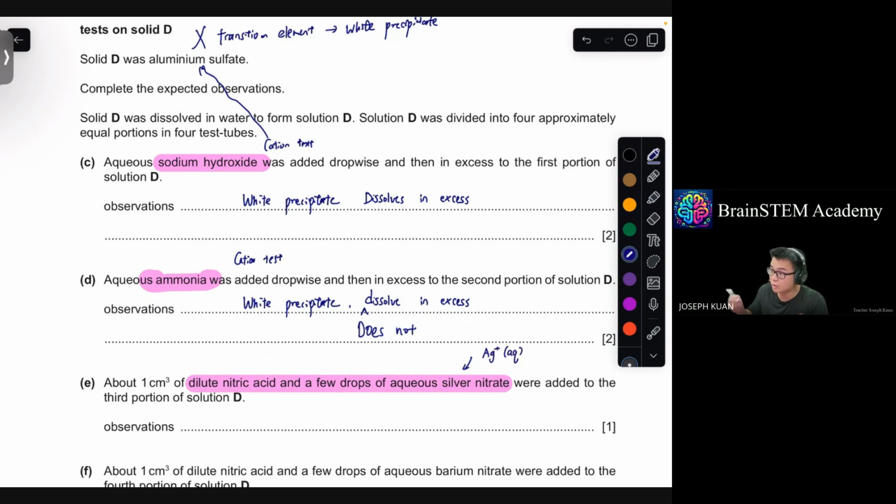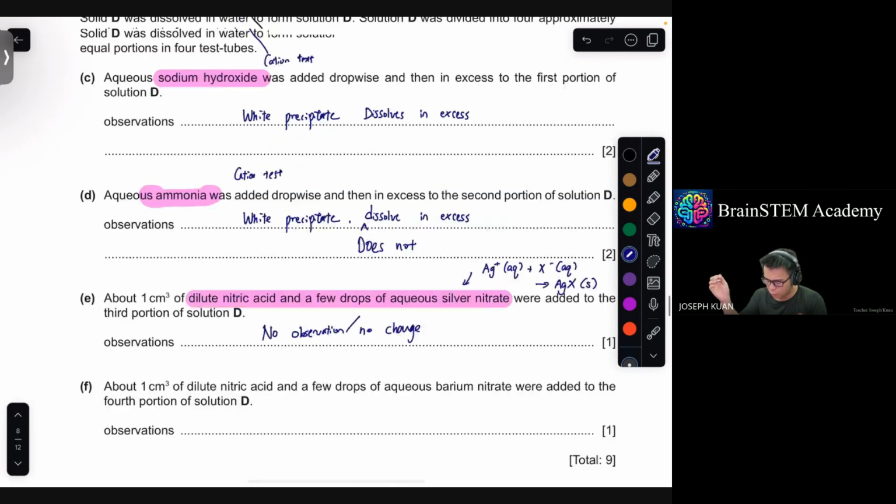Silver ions react positively with halide ions to form silver halides, which are precipitates. Now, is there any halide present? Any bromides, any iodides, any chlorides? No. So it will have no observation, or should I say no change?